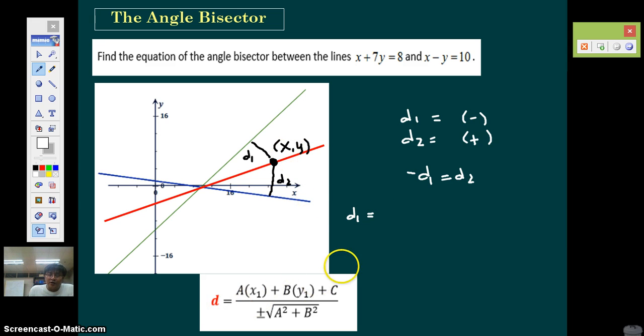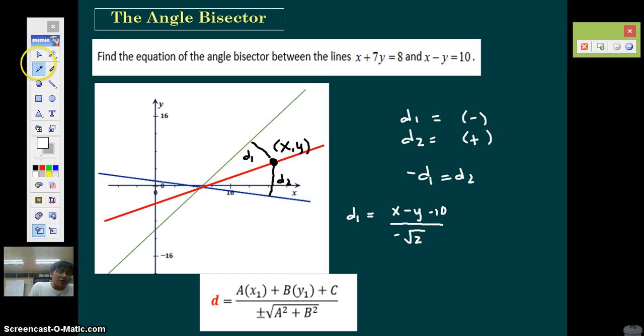Setting up the formula, you have x minus y minus 10 in general form, all over, a is 1, b is negative 1, therefore the square root of a squared plus b squared would be the square root of 2. And we should follow the sign of b, so this should be a negative. This is our D1.